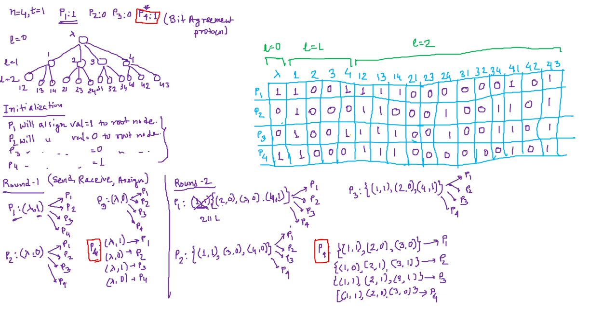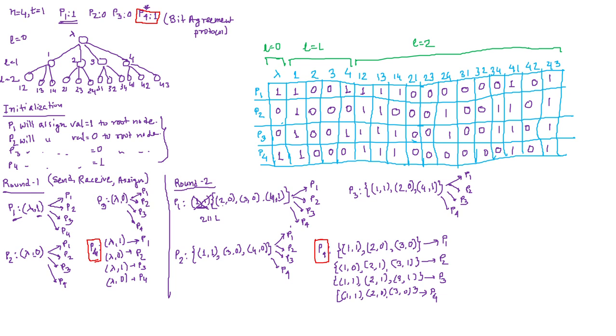This signifies that P4 tells P3 my root node entry is 1, and again P4 tells P4 itself that my root node is 0. So basically P4 is lying to everyone. Its message is not consistent to all the parties. That's why these entries are different in this column. Whereas P3 being an honest party, it sends everyone the value 0.